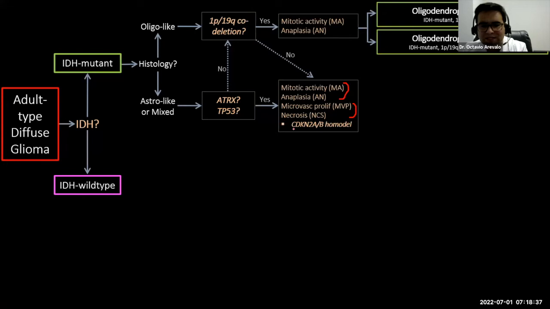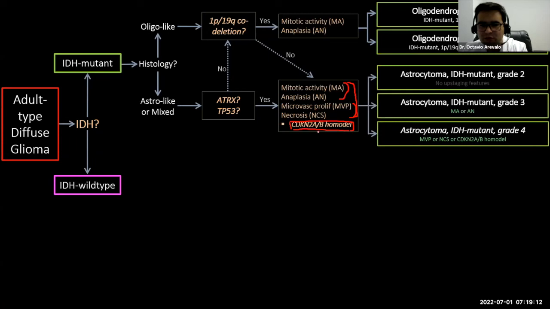Remember? But now there is a new player here, which is the CDKN2A/B homozygous deletion. The CDK is a cyclin-dependent kinase. This isoform N2A and N2B, when you have a homozygous deletion of that gene, then by itself, regardless of the histological features, it bumps the tumor up to grade 4.